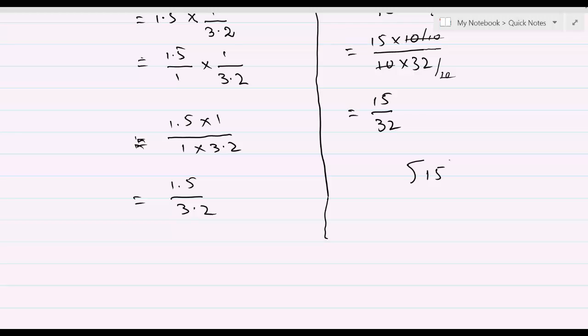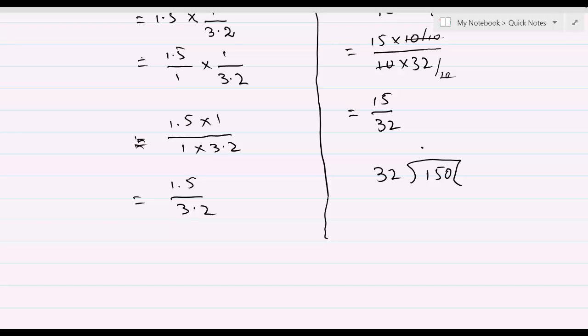And what is the divisor? The divisor is 32, and because 15 is smaller than 32, we cannot go into 32, so we can place a decimal and add a 0 right here, and then we perform the division.